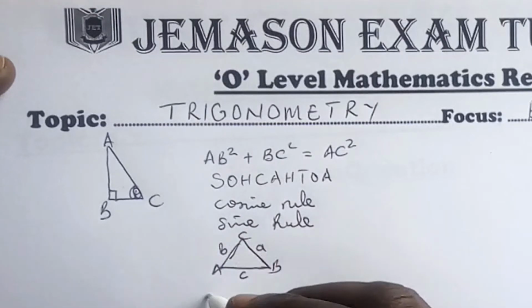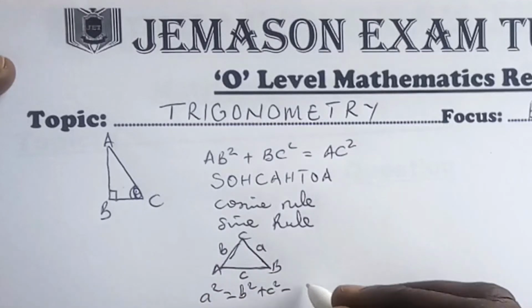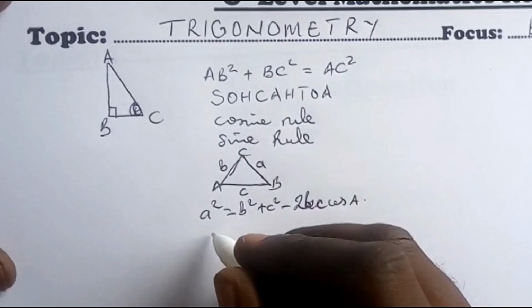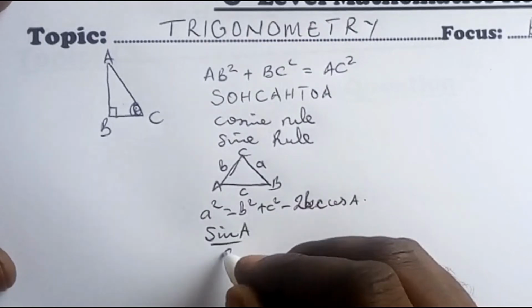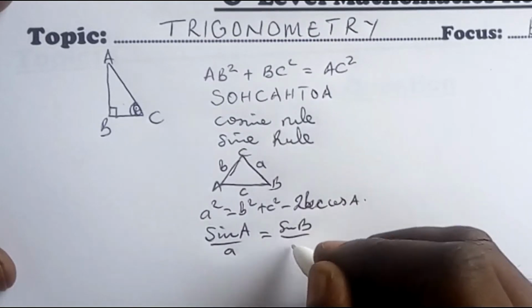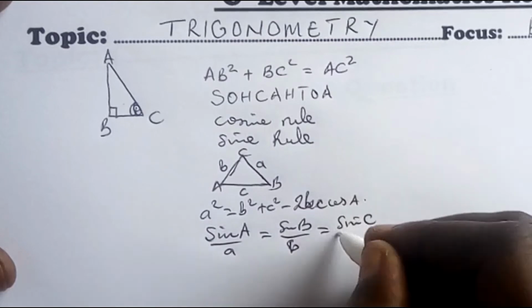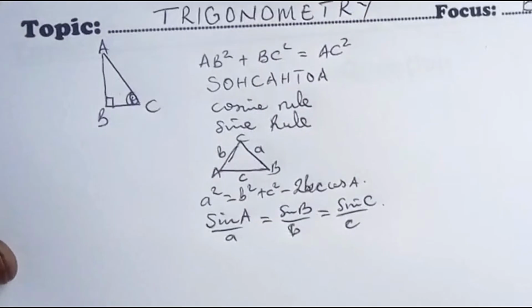The cosine rule, A squared equals B squared plus C squared minus 2BC cos A. I could also need to use the sine rule, sine A over side A equals sine B over side B equals sine C over side C at various situations.